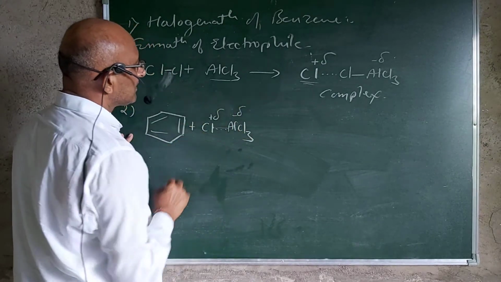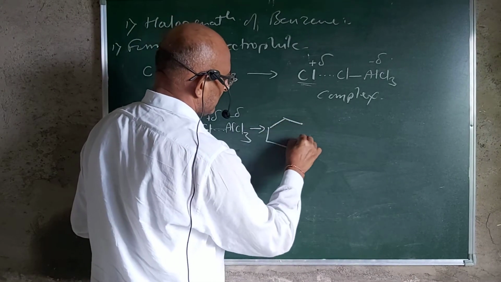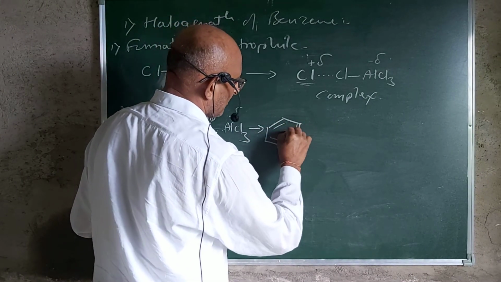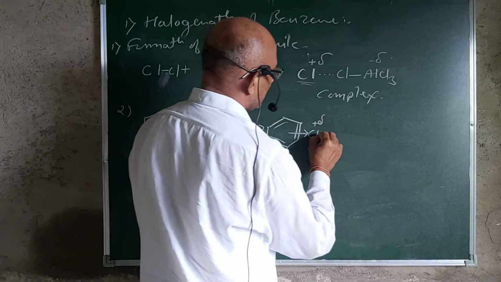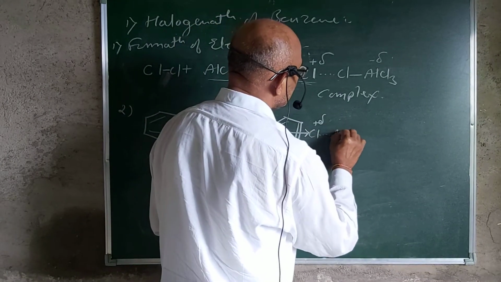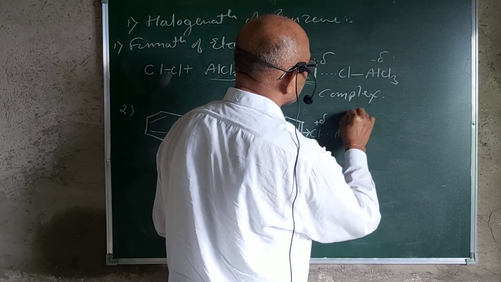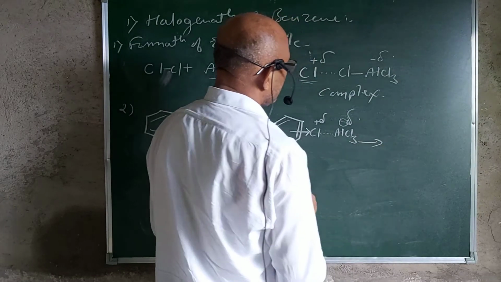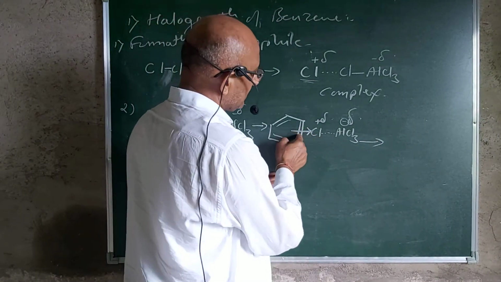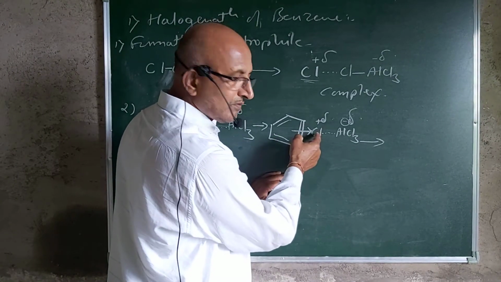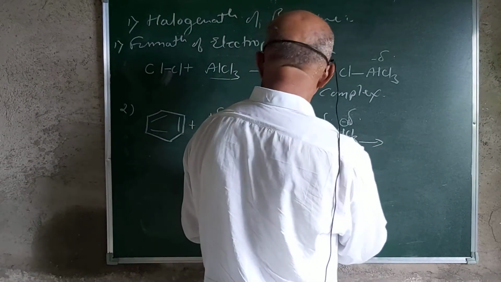AlCl3 minus, it forms a pi complex, that is Cl. It has been attracted towards benzene, and here AlCl3 minus. And immediately, as they are coming in a very close vicinity, this electron pair of benzene is being donated to this chlorine, and this bond cleaves.